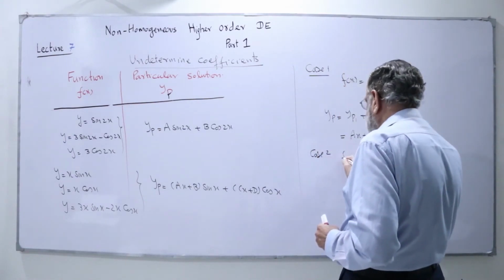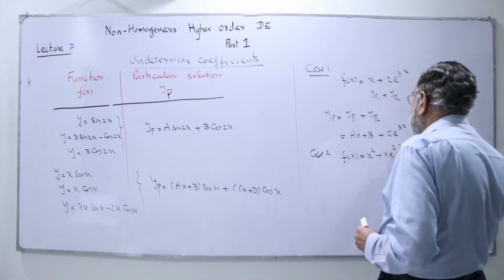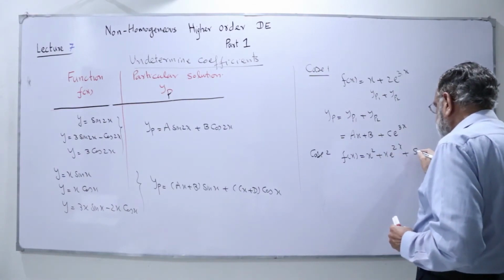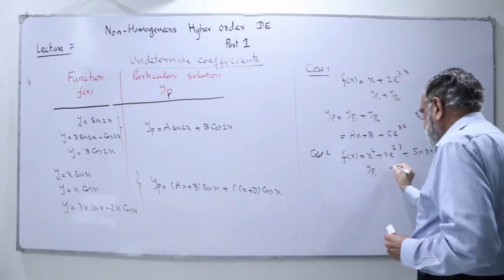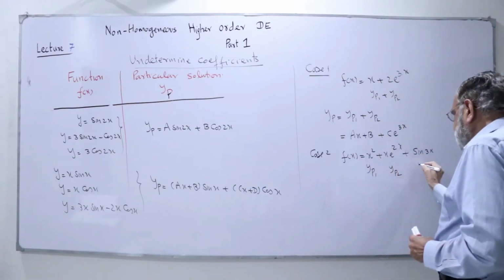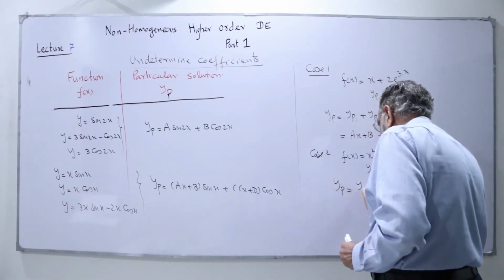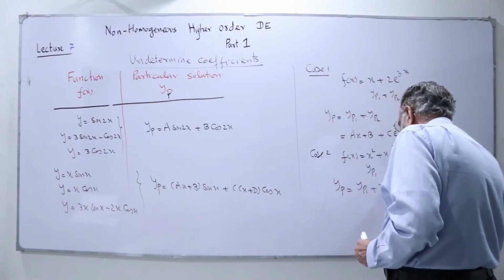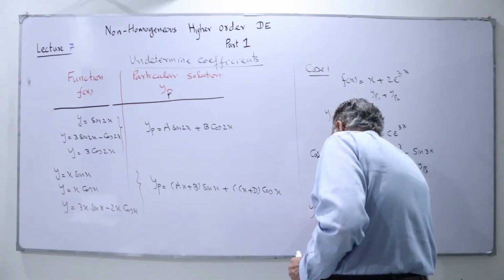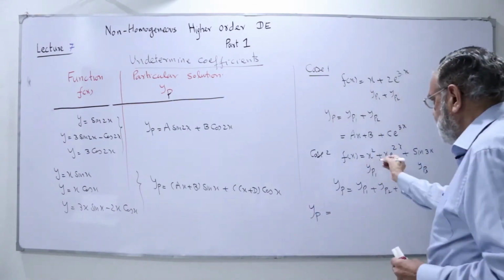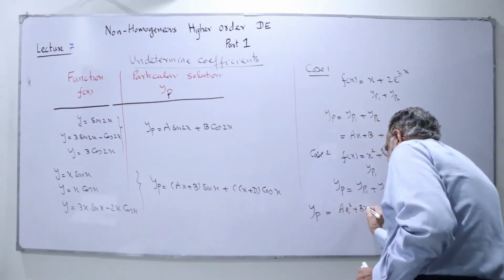we have here f of x equal to x square, x e to power 2x, plus sine 3x. So we have yp1 for x square, yp2 for the exponential function, yp3 for sine 3x, and our yp will be a linear combination of yp1 plus yp2 plus yp3, as we have just done before. So we write our yp equal to, for x square, a x square plus bx plus c.